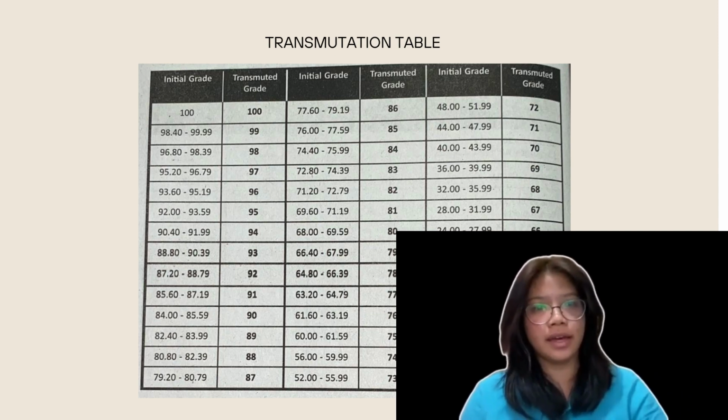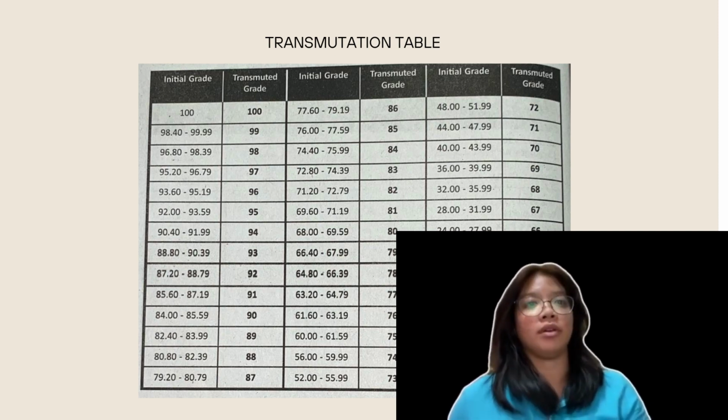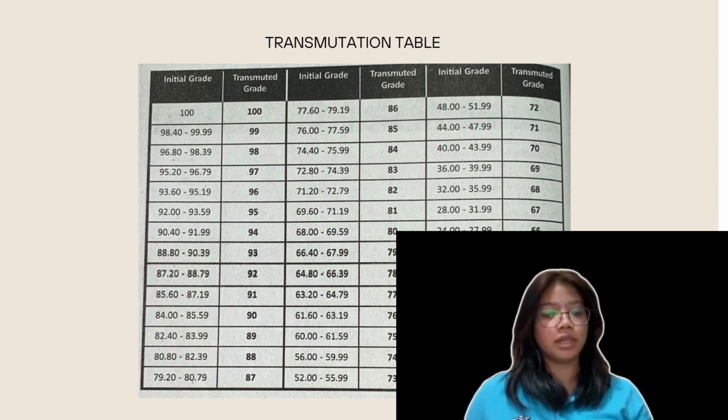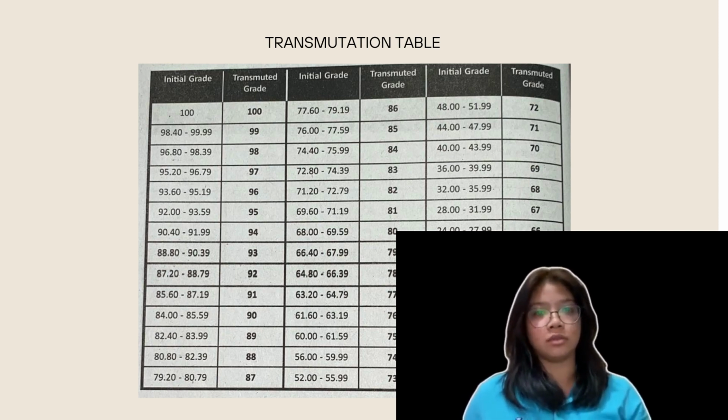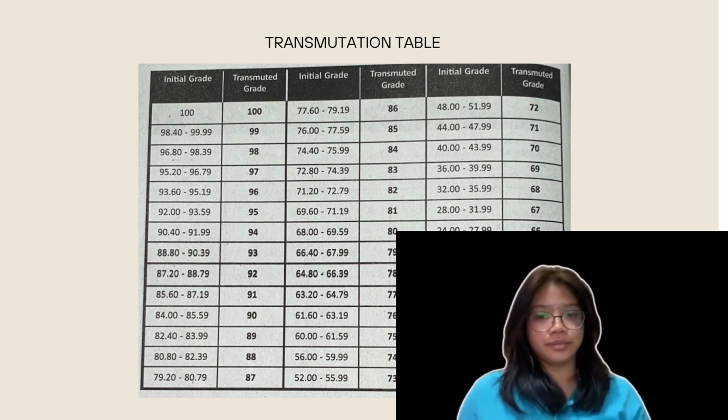This is the continuation of the reporting of the Group 4 transmutation table. This is the table in which we can compute the ability of each student in their grade. Grade is important for every student.